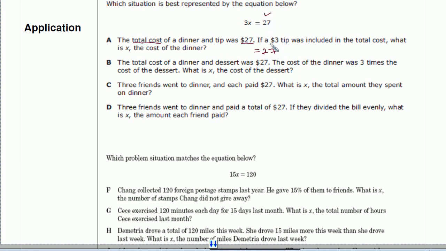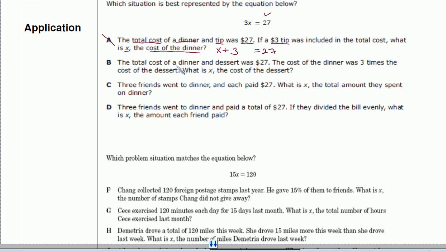So far so good. But then it says the cost of a dinner and the tip. And they tell me the tip was $3, right? And they want to know X, the cost of the dinner. So if I want to know the total cost, it's going to be the tip plus the cost of the dinner. So that would be X plus 3. And that's not what this says. This says 3 times X. So A cannot be the right answer.